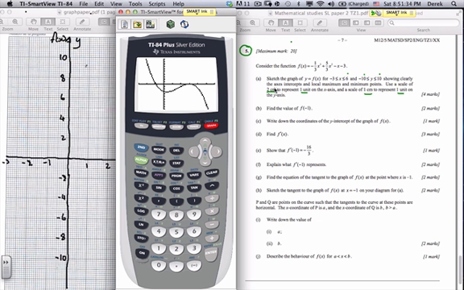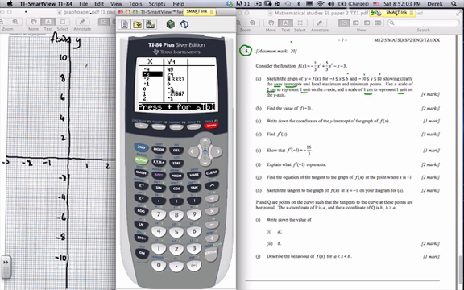So you need to make sure that you get your axis intercepts and your local maximum and minimum points. So let's start with the axis intercept. The easiest point to start is your y-intercept, and that is when x is equal to 0, so where it crosses the y-axis. Now to do that, we can just go to our table and go down to where x is equal to 0.